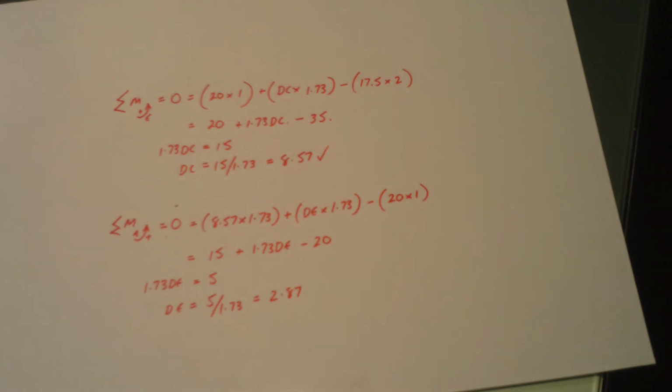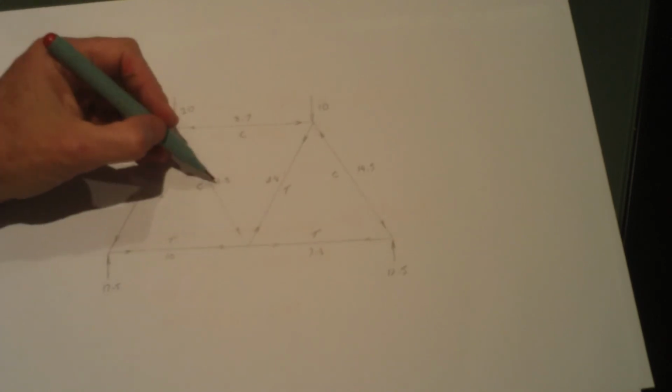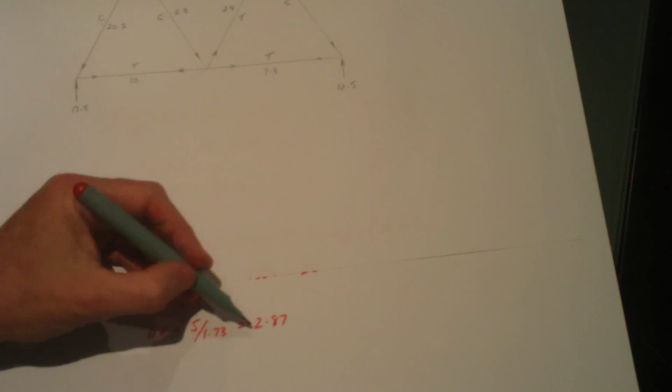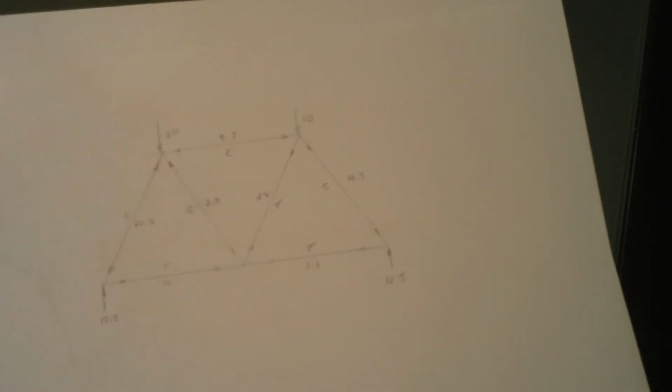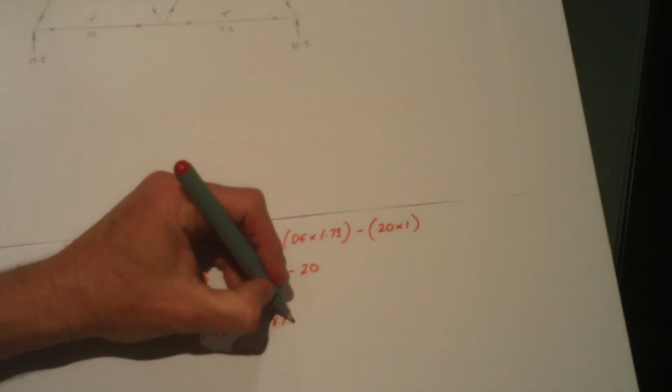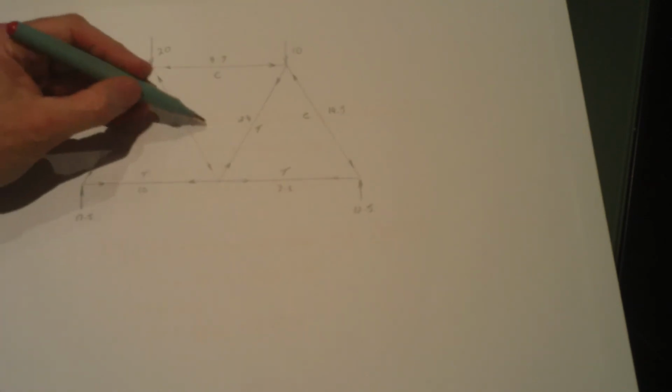Now, let's go back to our original diagram that we did in the previous one, method of joints, graphically, 2.8. Here we've got 2.87. A little bit closer, which means that that's probably getting a little bit more accurate. I'm happy with that. That means that we've checked analytically what our forces are going to be.